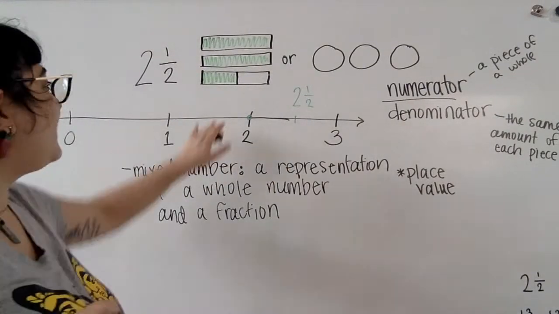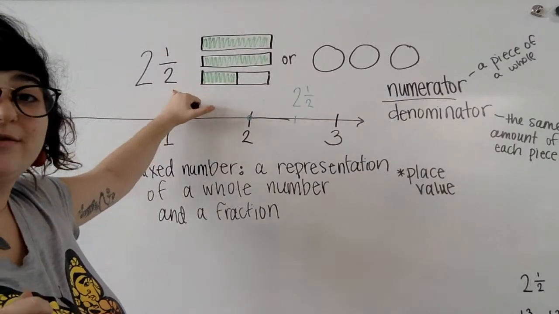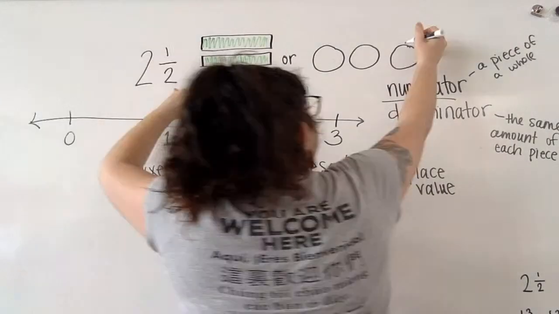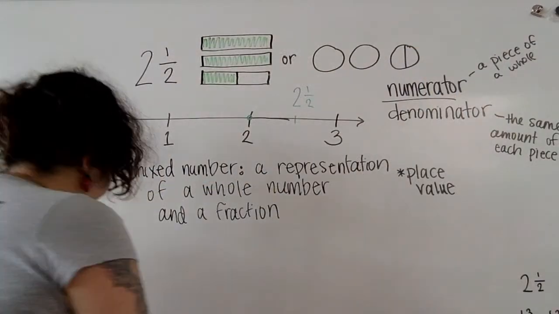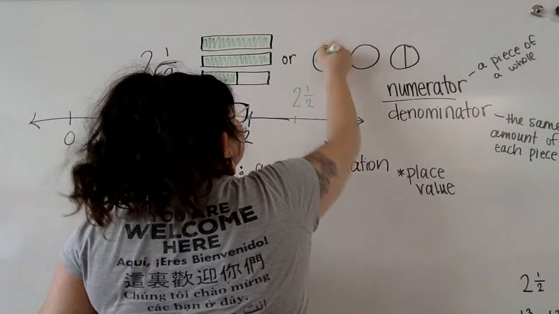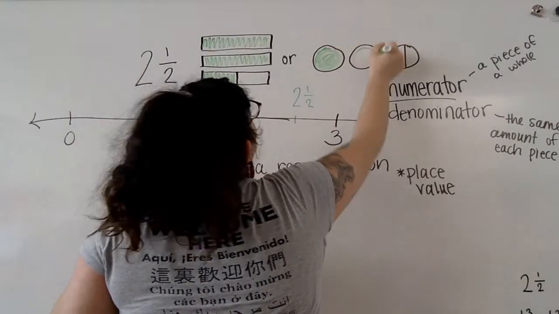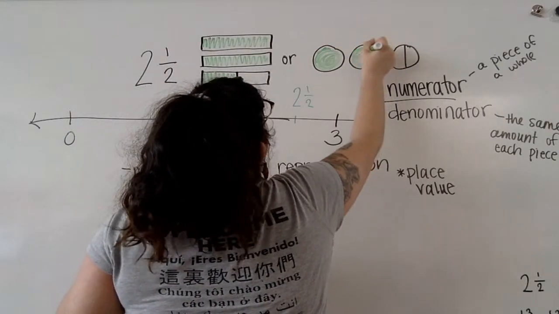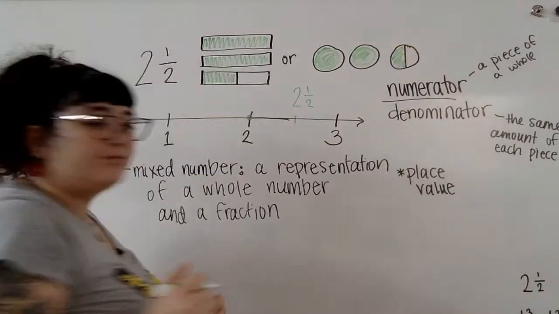Just like that final fraction strip, I do need to represent this fraction. And I'm going to do so by cutting it in half, and then coloring in the pieces of the whole that I have. 1 whole plus 1 whole equals 2 wholes, plus a half equals 2.5.